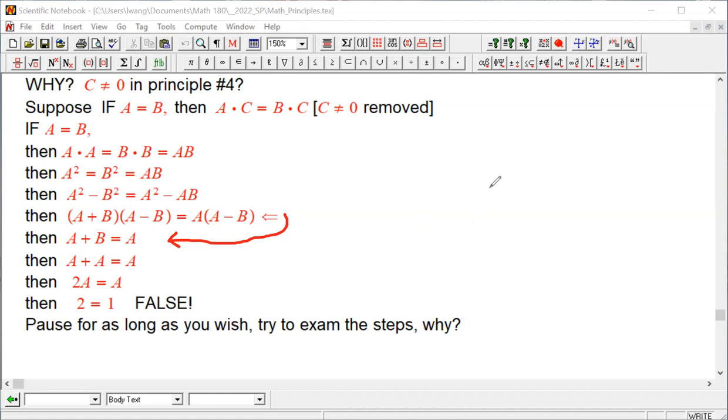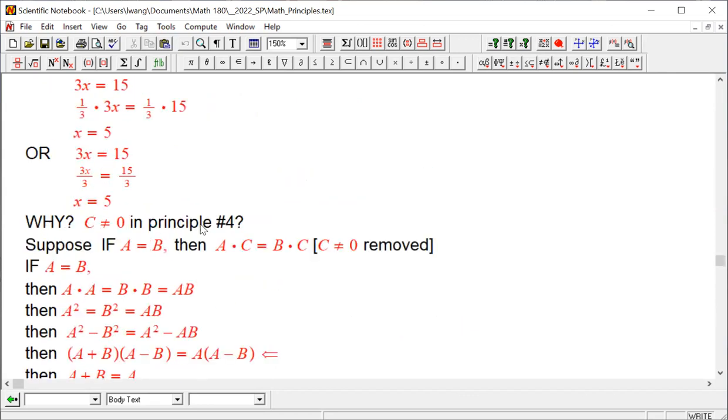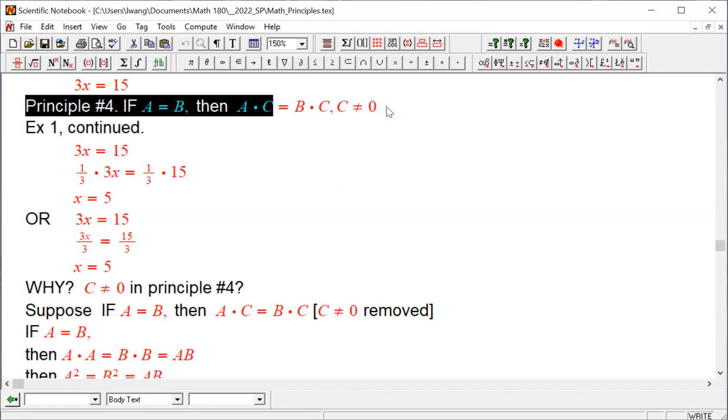This is the reason why we have to maintain this condition in principle number 4. So this condition is absolutely critical. Now we understand why principle number 4 has to have that condition attached to it: C cannot be 0.